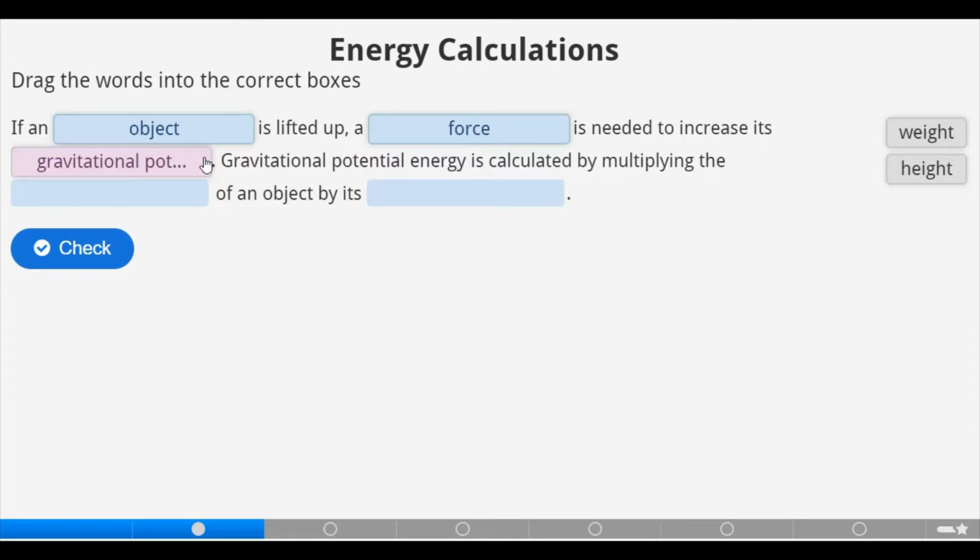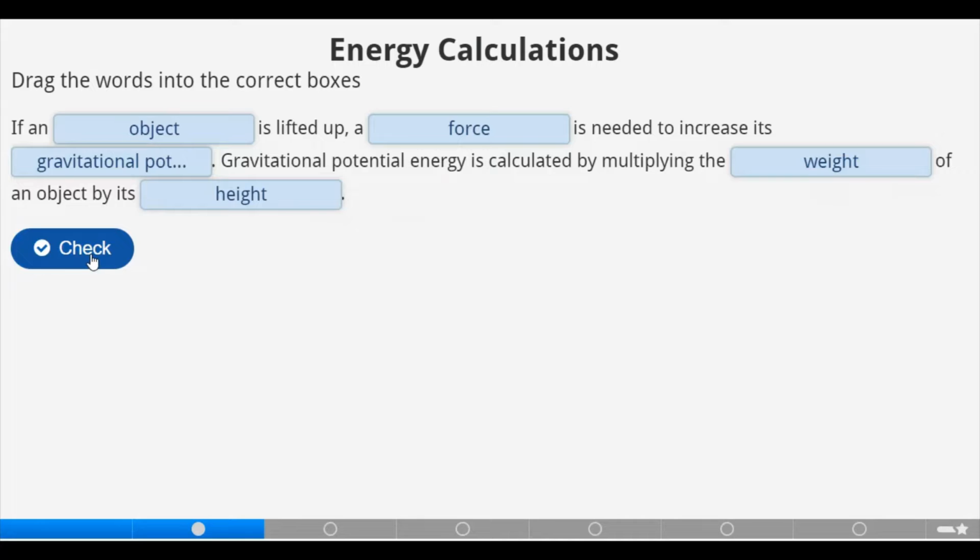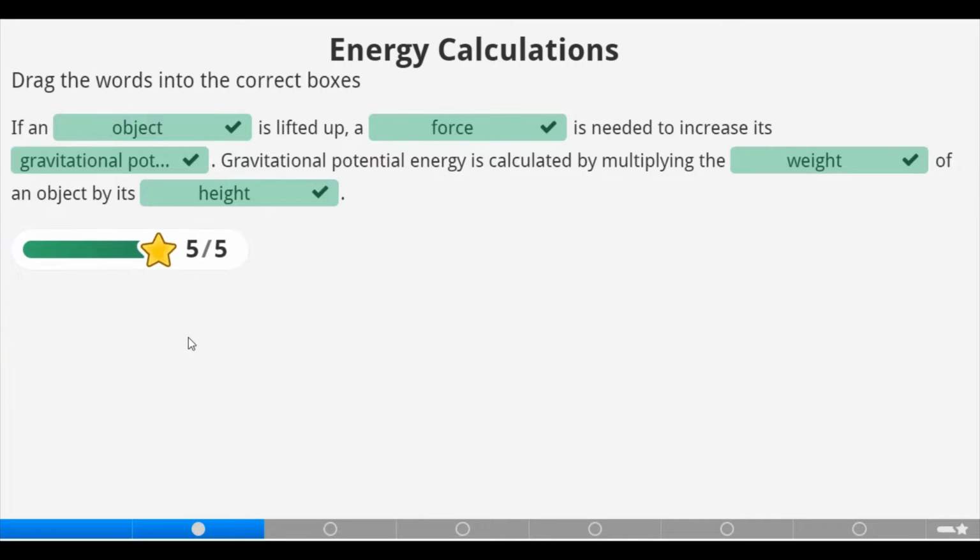Gravitational potential energy is also known as potential energy anyway. Gravitational potential energy is calculated by multiplying the weight of an object by its height. So we check. That's correct.